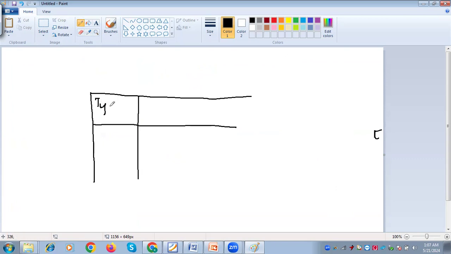Type of rod. First one was wooden. Okay, dimensions are the same, so you don't need to mention the dimension. Now the slotted masses, and here you will take 5 readings for each.